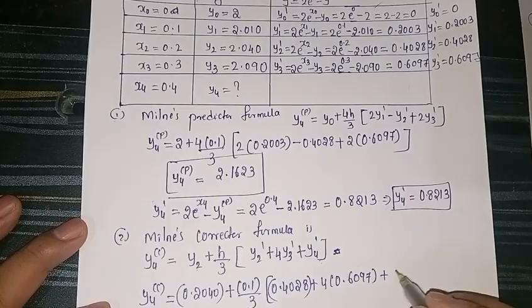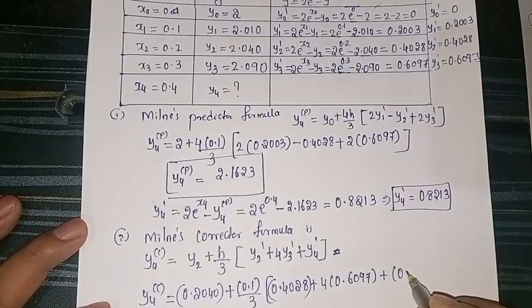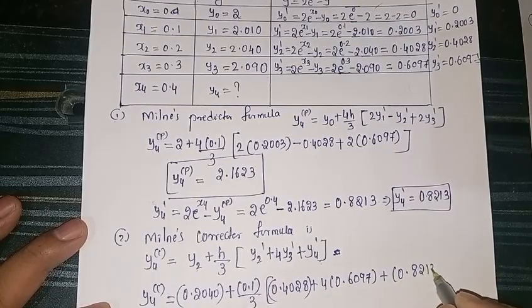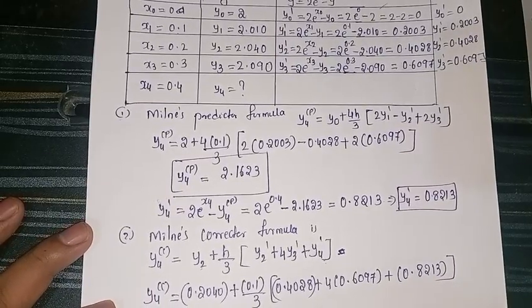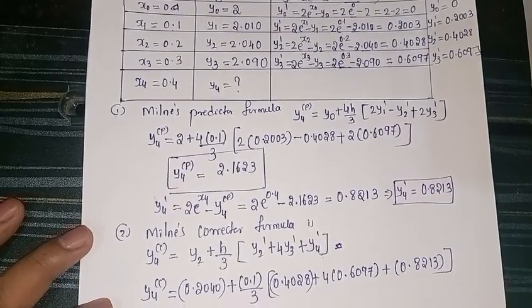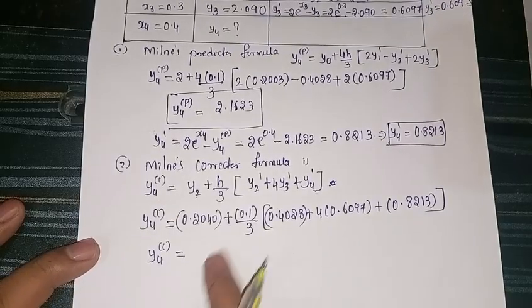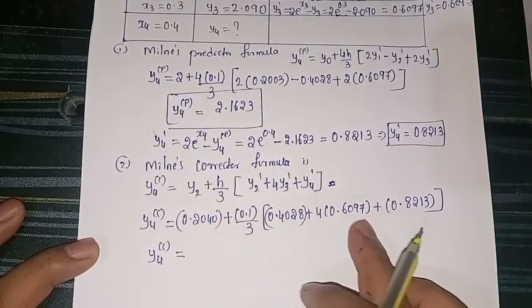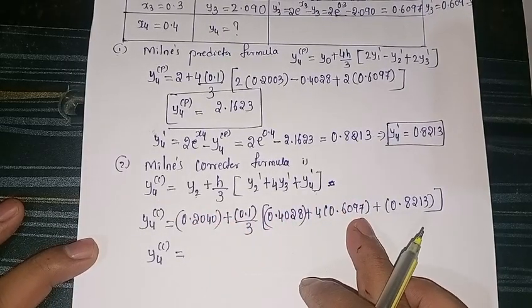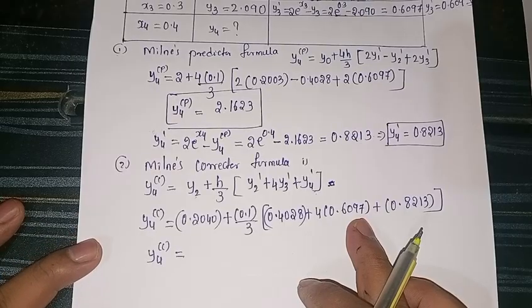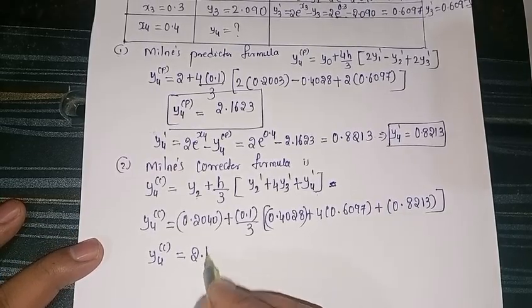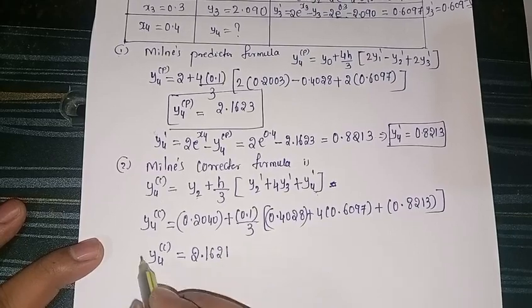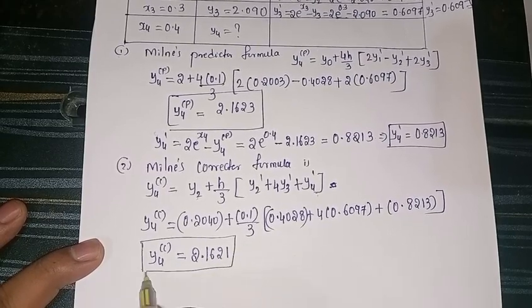Recently we got it: 0.8213. So if we simplify, we have to get the corrected value. Using a calculator, if you simplify this, we will have the corrected value. So that corrected value is what? 2.1621. This is our corrector value.